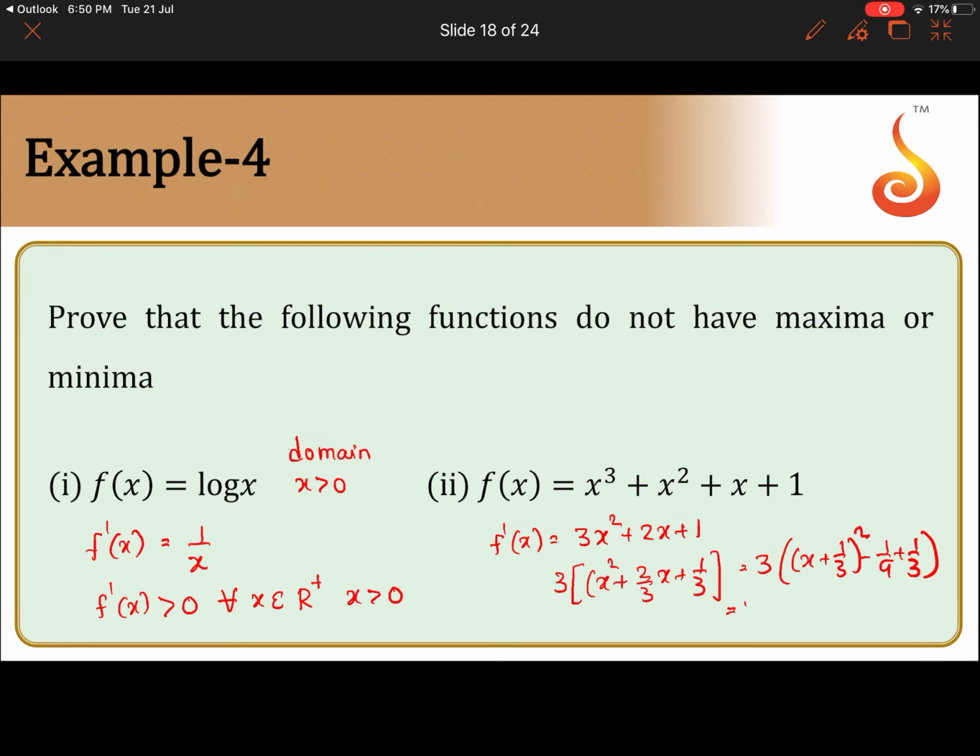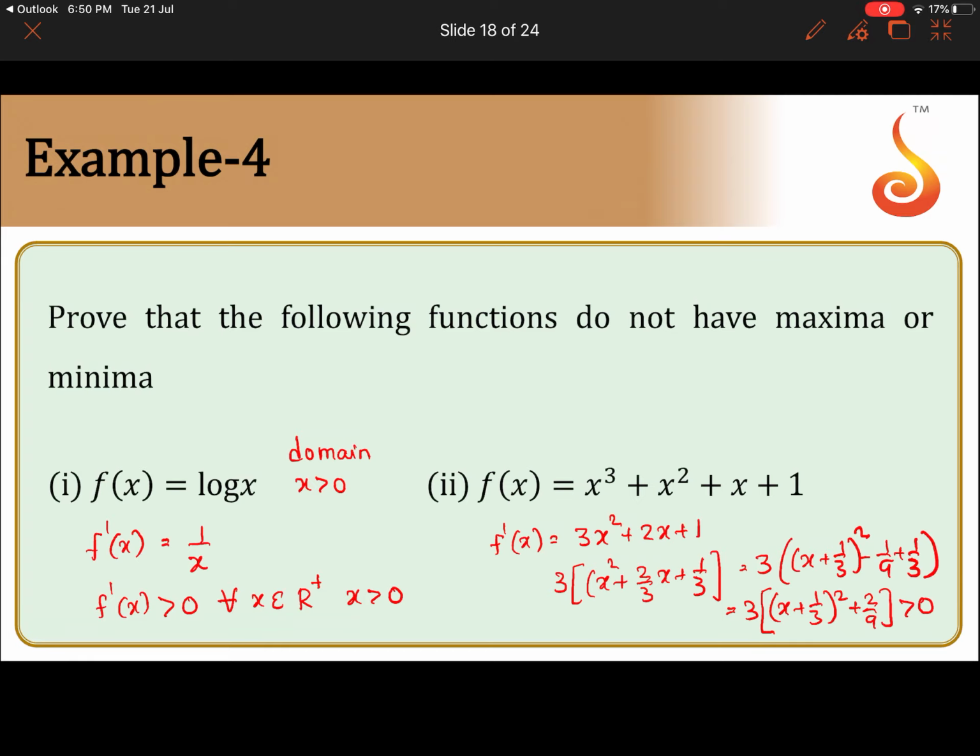So basically this becomes 3 times x plus 1 by 3 whole square, close the bracket, plus 2 by 9. It is always greater than 0 for all x belonging to real numbers.